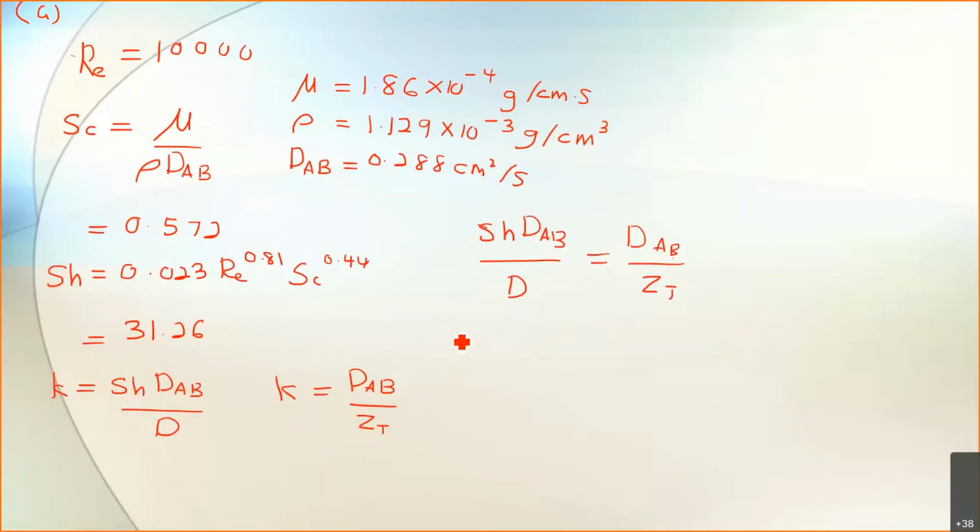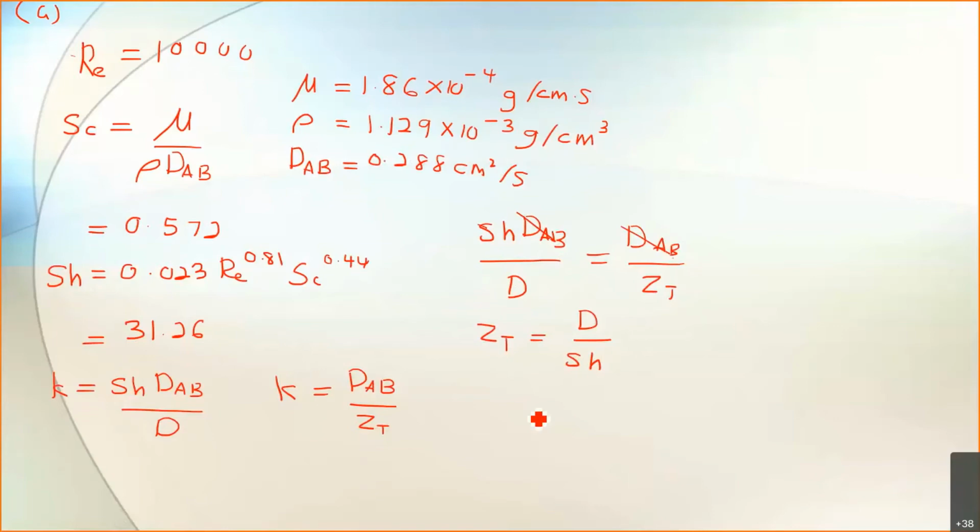I can rearrange the equation and cancel off DAB with DAB. Then ZT will be equal to D over my Sherwood number. This is one way for you to find the value of ZT.